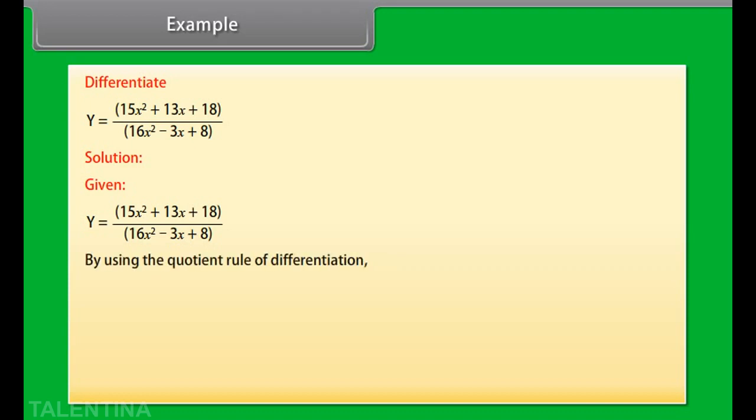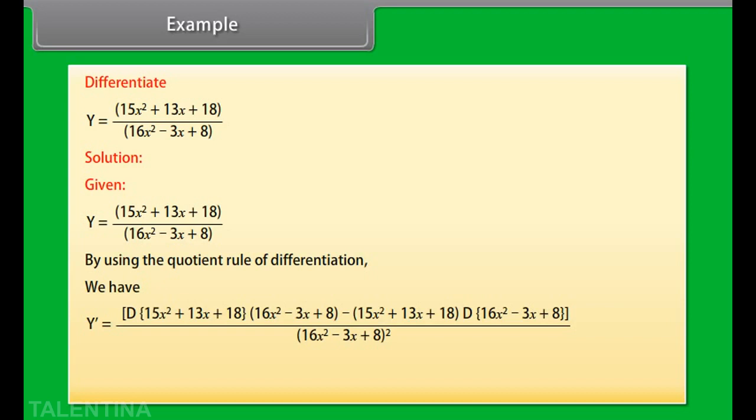By using the quotient rule of differentiation, we have y dash is equal to differentiation of 15x square plus 13x plus 18 into 16x square minus 3x plus 8 minus 15x square plus 13x plus 18 into differentiation of 16x square minus 3x plus 8 by 16x square minus 3x plus 8 whole square.